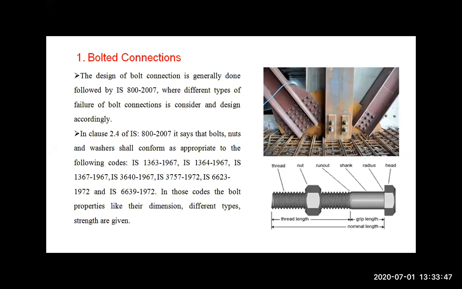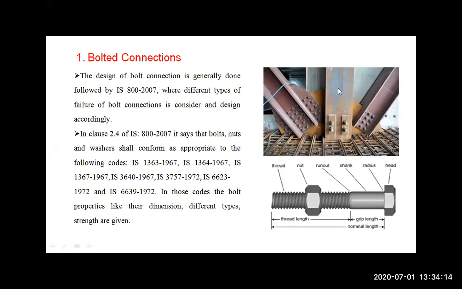Now you can see here, this is a vertical element. Again here, two inclined elements are there and one vertical element is there. We have used bolted connection here, and this corroded plate you can see is nothing but the gusset plate. To this gusset plate we have connected these three members.